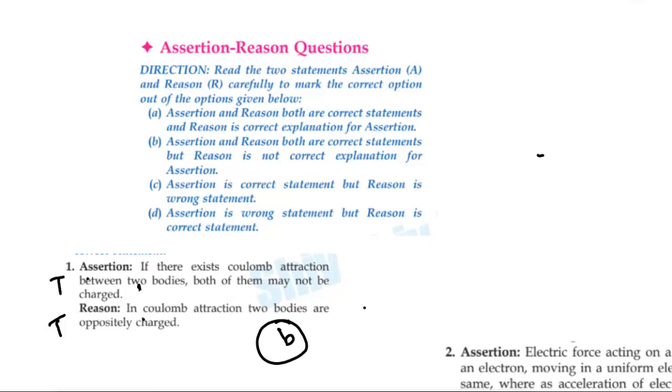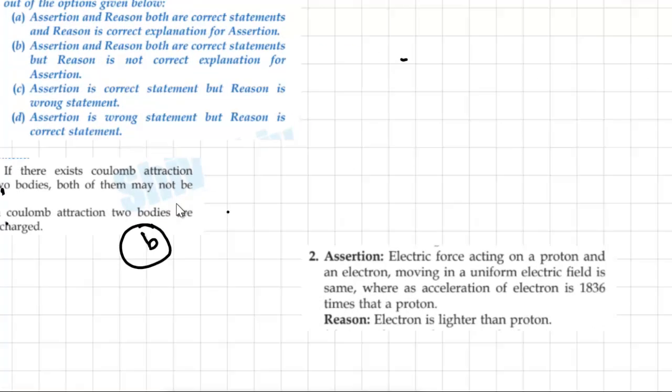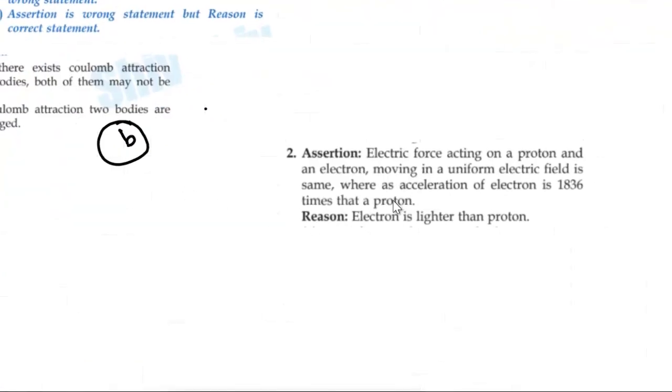Okay, so the next one is, assertion is given like, electric force acting on a proton and an electron moving in a uniform electric field is same, whereas acceleration of electron is 1836 times that of proton.